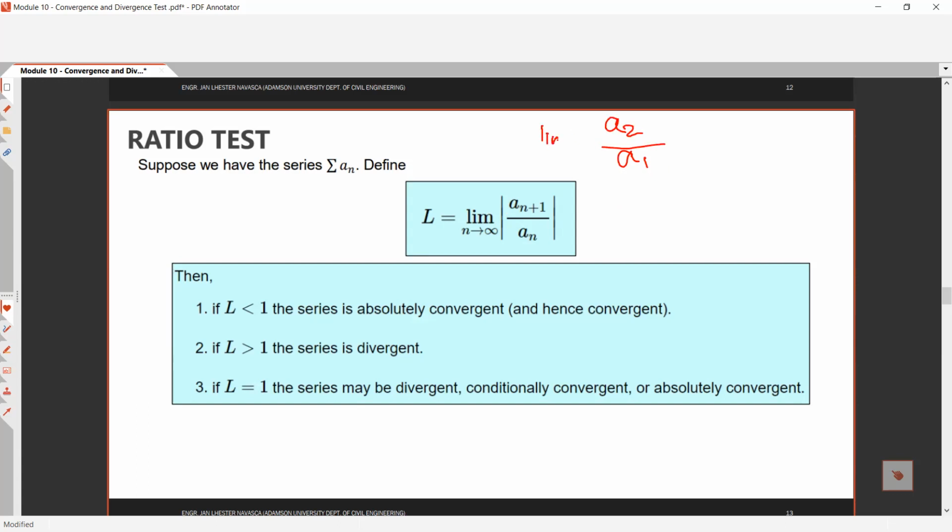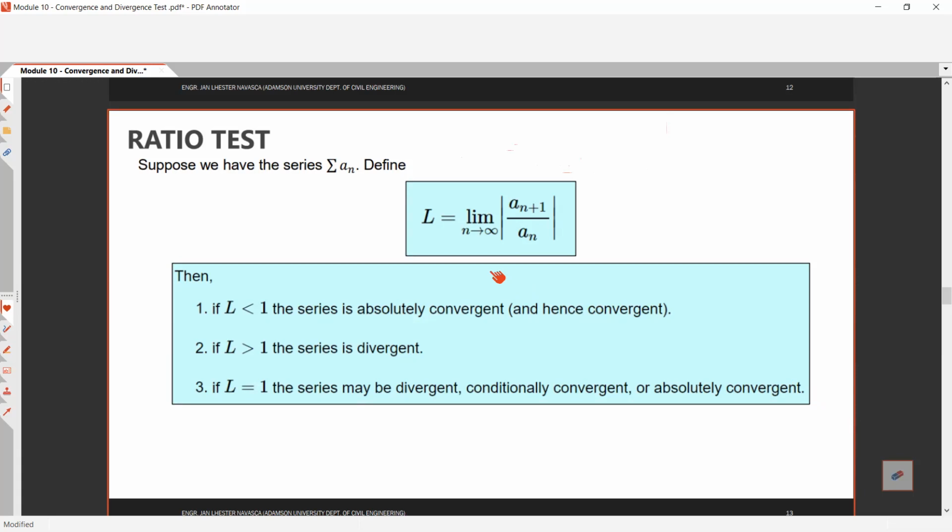Taking the limit as n approaches infinity, you have your value L. So kung ano yung kasunod na term divided by the previous term, taking the absolute value of the ratio and the limit as n approaches infinity. Ganyan yung gagawin natin for the ratio test.